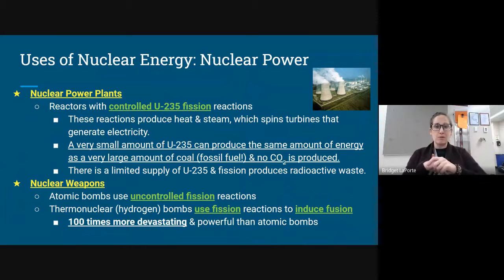So those super high temperatures that Ms. Case mentioned are what's going to happen when we have a thermonuclear bomb. So you can imagine the amount of devastation, long-lasting effects, cancers, other diseases that could happen to any type of life, and especially humans, if we were to use that type of nuclear weapon. Which is why there are lots of laws and agreements by different nations about how we use nuclear weapons, where we store them, etc.